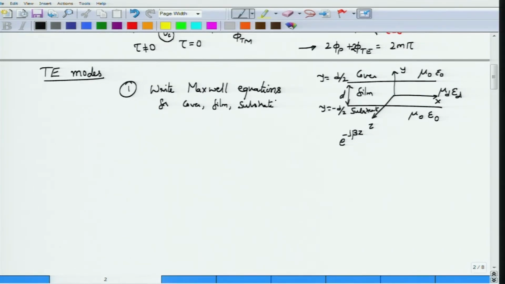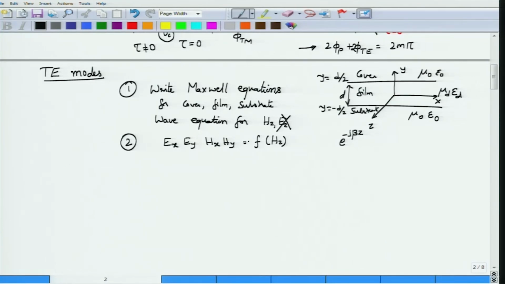Okay. Now, instead of writing Maxwell equations, you can write down the wave equation. Okay. So you can also write down the wave equation, again we will choose Hz and Ez as the components. Okay. For the transverse electric modes there is no Ez component, so everything will be written in terms of Hz, and we express Ex, Ey, Hx and Hy in terms of Hz.